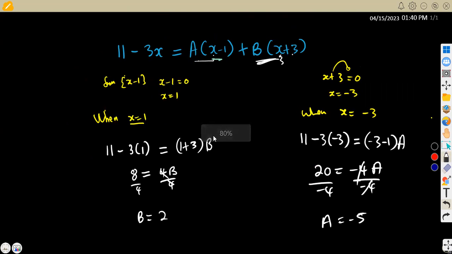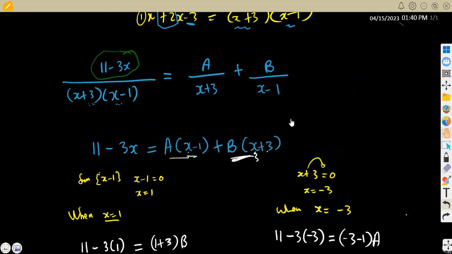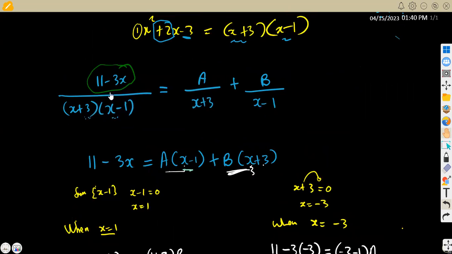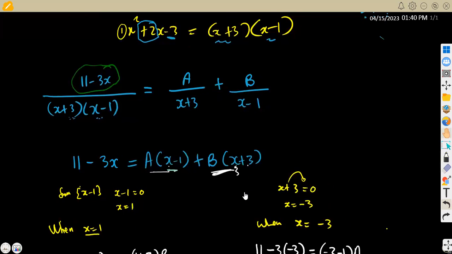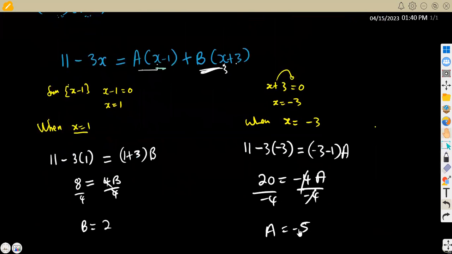So what are we going to do with these values that we have? We are going to substitute into the format that we are given here. Remember, we said 11 minus 3x over this is equivalent to a over x plus 3 plus b over x minus 1. We can substitute now our a, that's negative 5, and our b, that's 2.